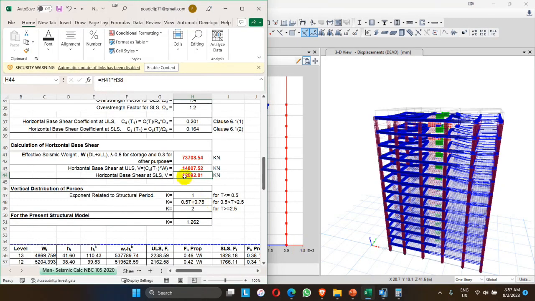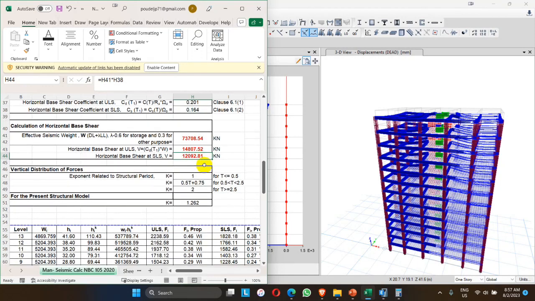It means 14807 and 12092, it's almost same. The value of base shear is almost same for both x-axis and y-axis. So the model can be checked, whether it's correct or not, by this way also.